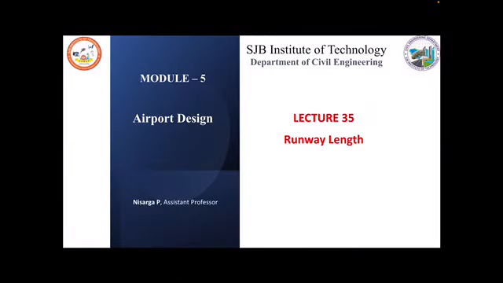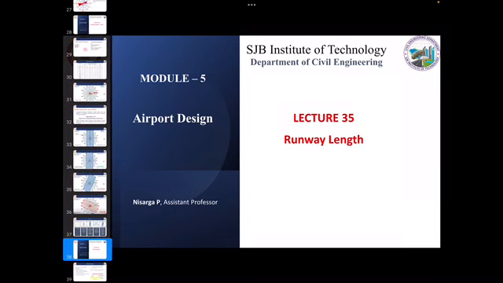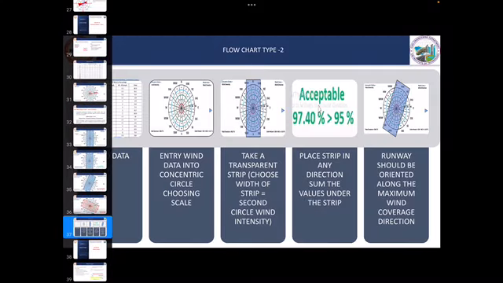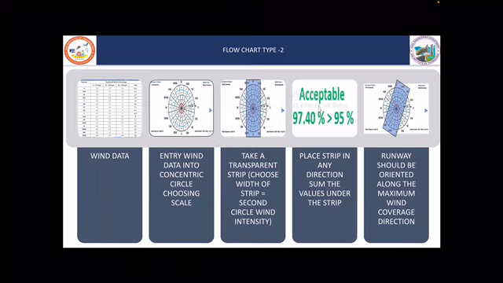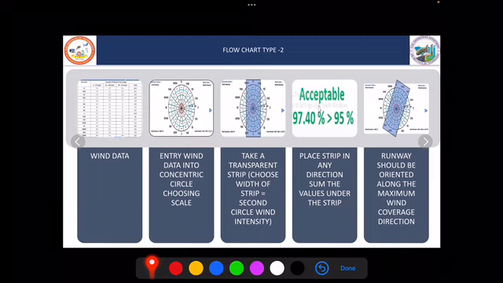Next we choose a transparent strip, where the length of the strip will be greater than the Windrose diagram we have considered, and the width should be twice the allowable crosswind component. Then place the transparent strip along each and every direction and check for the wind coverage.